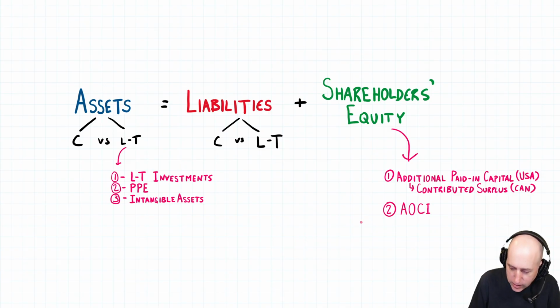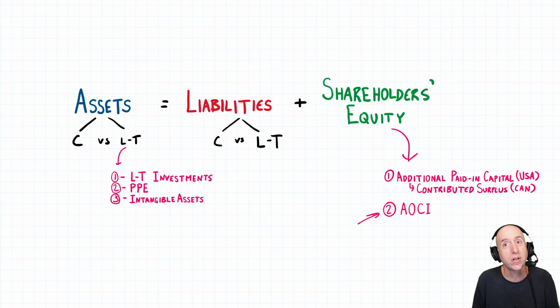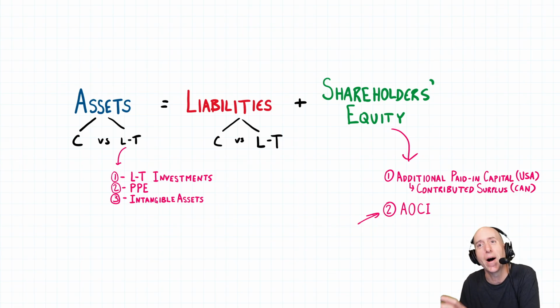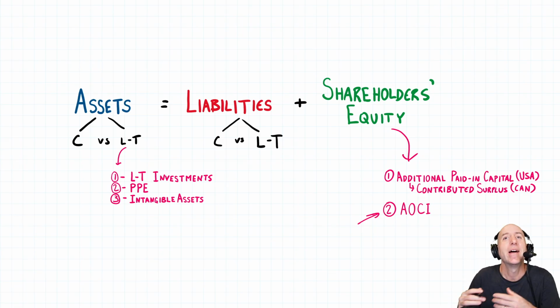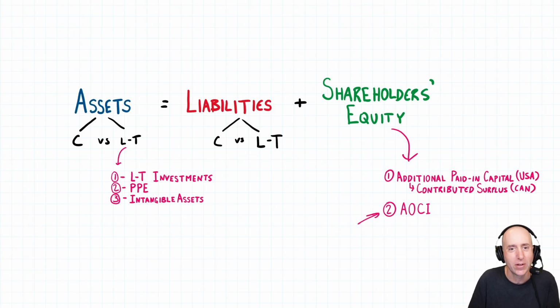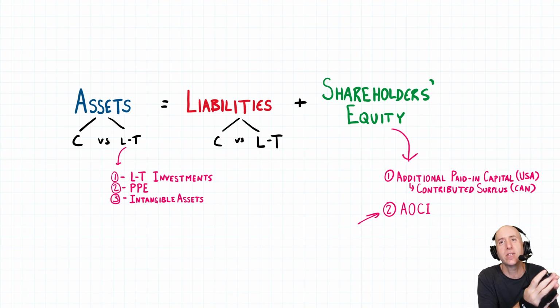The other concept, and this will follow us quite a bit through this course, is the concept of other comprehensive income that we introduced last chapter, and that leads to accumulated other comprehensive income in the shareholders' equity section of our balance sheet. So remember those unusual kind of revenues and expenses that companies say we don't want them included in net income, and standard setters have agreed they're sufficiently unusual that they don't count in our net income.